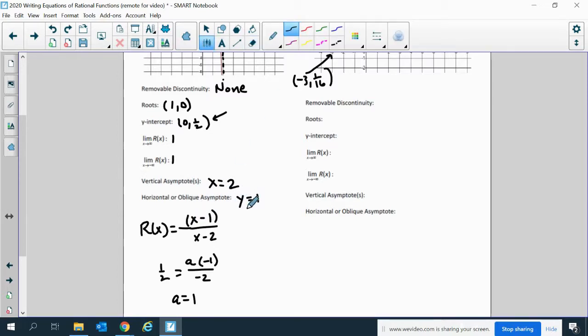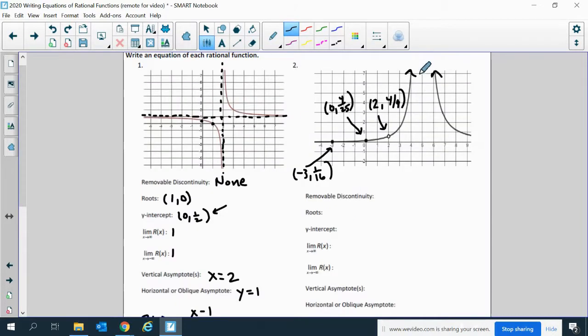My horizontal asymptote would still be at y equals 1, and if I take the limit of this as it goes to infinity and negative infinity, I would get 1 because the powers of the numerator and denominator are the same, and the leading coefficients, 1 divided by 1, give 1. So the function that I want is x minus 1 over x minus 2.